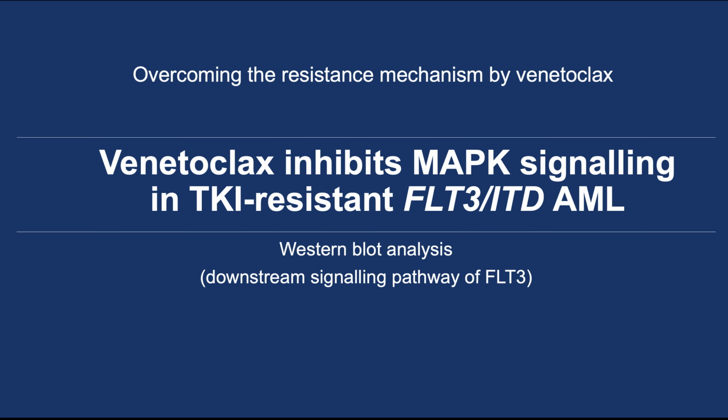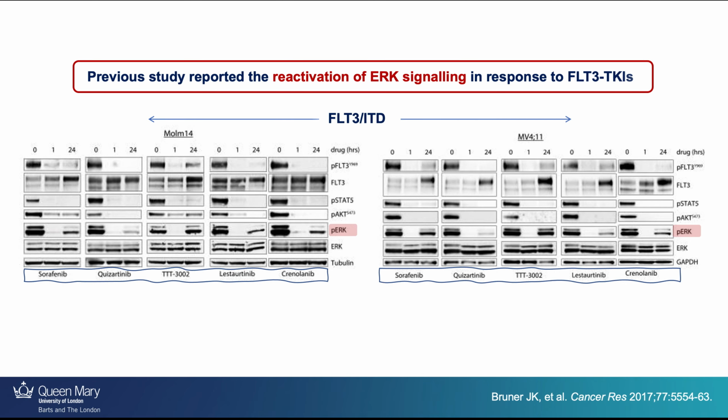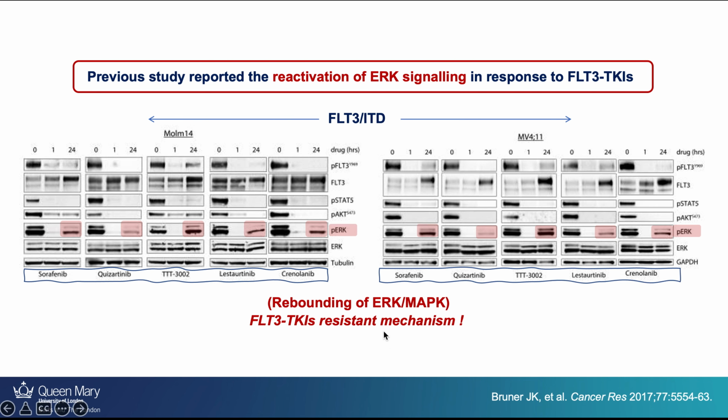Next, the investigators try to explain how venetoclax overcomes the resistance mechanism. A previous study reported a rebound reactivation of ERK or MAP kinase signaling in response to treatment of FLT3-ITD with FLT3-TKI. They showed that at 24 hours, the rebound level of ERK or MAP kinase signaling happened in most cell lines, conferring the FLT3-TKI resistance mechanism.